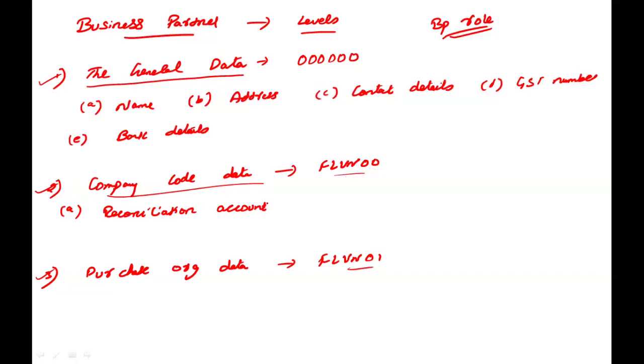Reconciliation account is nothing but your bank account. Whenever you see words like reconciliation account, GL account, cost center, these are finance terminologies and they are considered as the bank account.